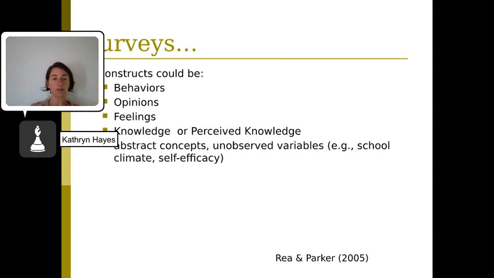So the constructs you're interested in could be behaviors, they could be opinions, feelings, they could be knowledge or perceptions, and they could be abstract concepts like capacity or climate. So think about what you wrote down that you wanted to know about and whether these are constructs in terms of like, are they behaviors? Are they opinions? Are they feelings? Are they knowledge? I bet that most of what you wrote down would fit in one of those categories.